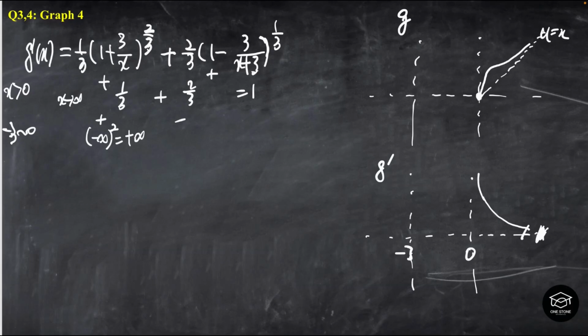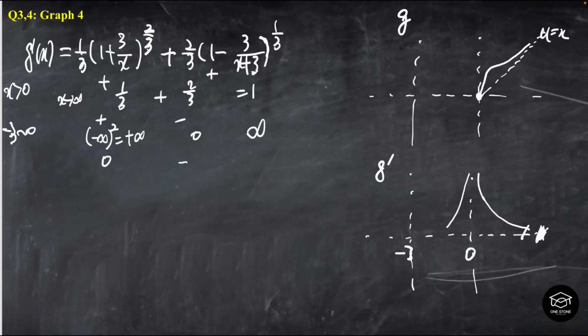As x approaches 0, the expression inside the quantity stays close to 0. As a result, the whole derivative goes to positive infinity near x equals 0 from the left. As x approaches -3 from the right, the first term of g prime approaches 0, but the second term becomes very negative.